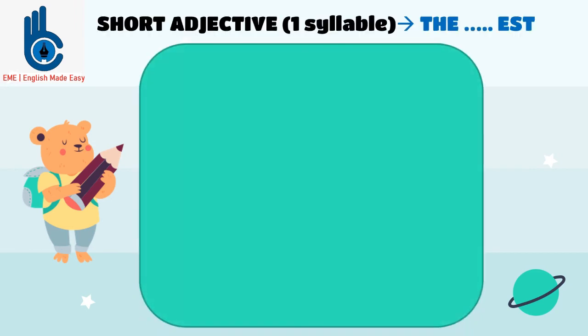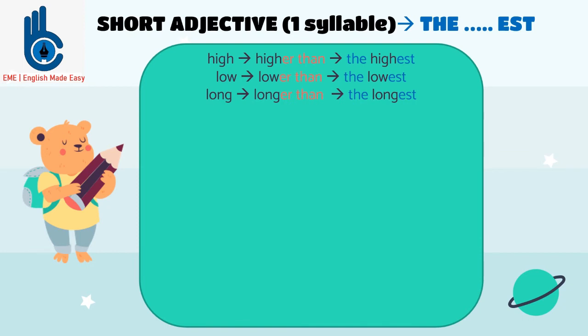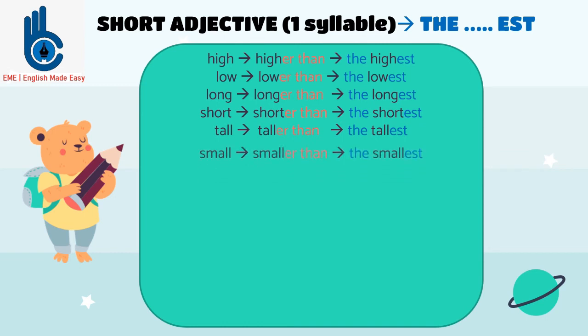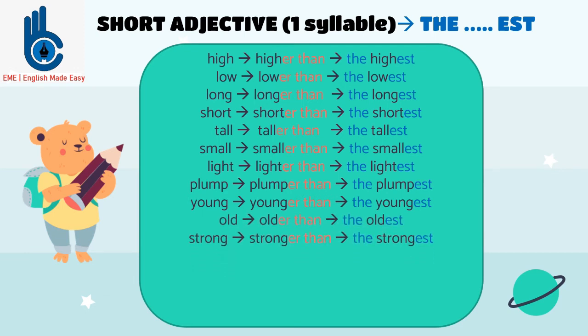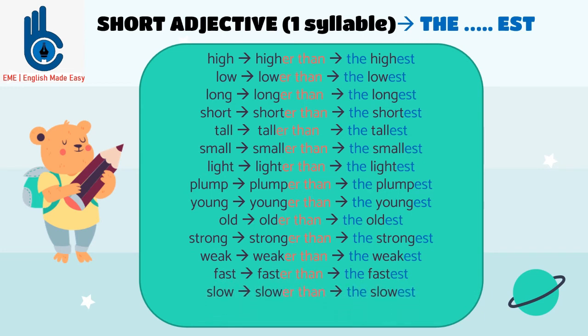As we can see in the previous dialogue, we see high becomes the highest, low becomes the lowest, long becomes the longest, short becomes the shortest, tall becomes the tallest, small becomes the smallest, light becomes the lightest, plump becomes the plumpest, young becomes the youngest, old becomes the oldest, strong becomes the strongest, weak becomes the weakest, fast becomes the fastest, slow becomes the slowest, etc.